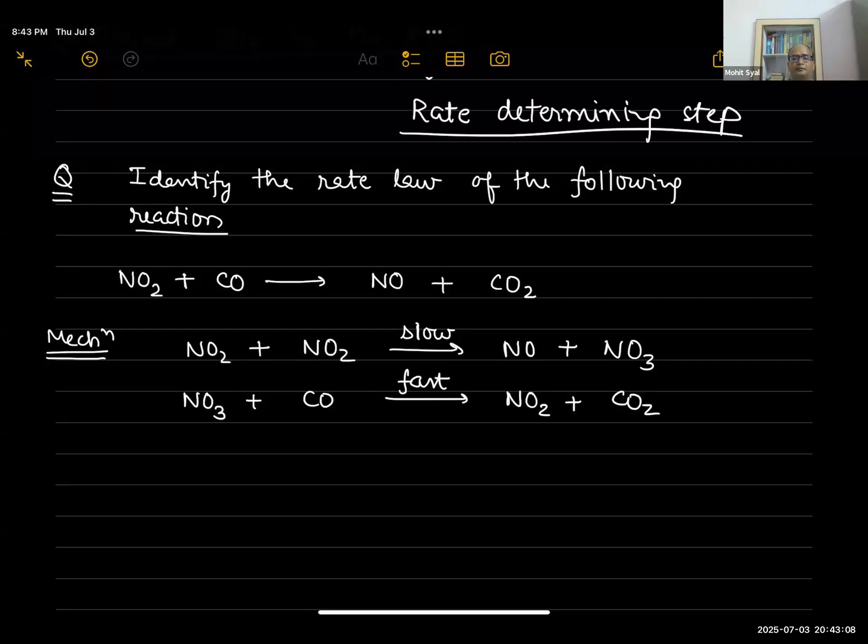Got it? So, Marwa, tell me, is it a complex reaction or a single elementary reaction? Complex or elementary?